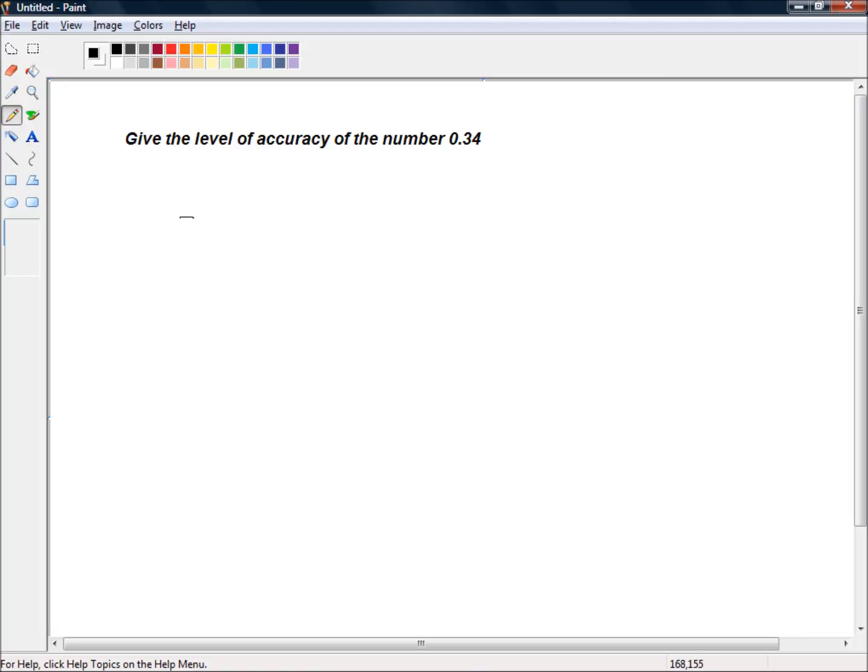So this is accurate to two significant figures. If we want to give the accuracy to decimal places, we've got our decimal point here, and there's 1, 2 values after the decimal point. So this is also accurate to 2 decimal places.